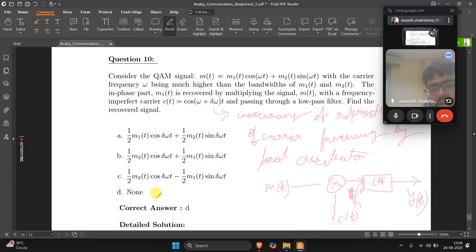The option with m2 cos delta omega and m1 sin delta omega is not correct, and the options with both plus are also not correct. So the correct answer is none. The correct answer is half m1(t) cos delta omega t minus half m2(t) sin delta omega t.